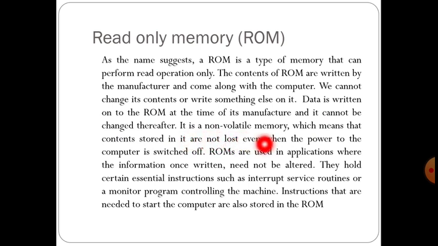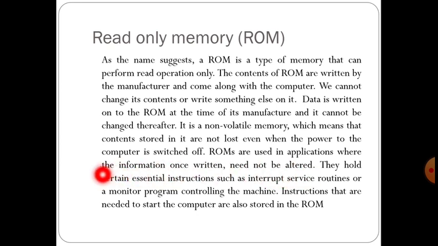It is non-volatile memory. Remember, I told that ROM is non-volatile, but RAM is volatile memory. So it is non-volatile, which means that the content stored in it are not lost when the power to the computer is switched off. ROM are used in applications where the information once written need not be altered.